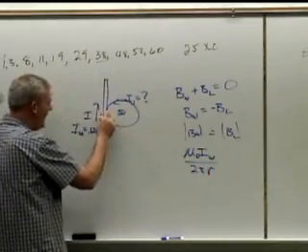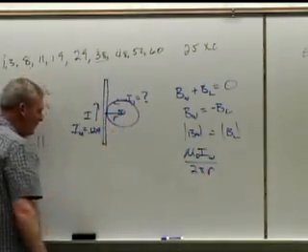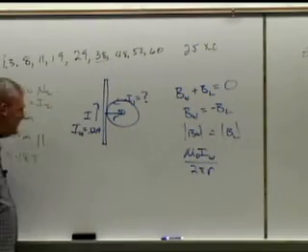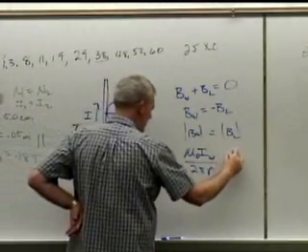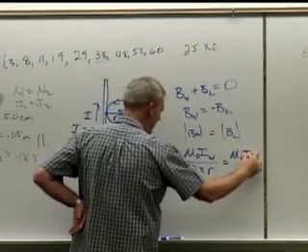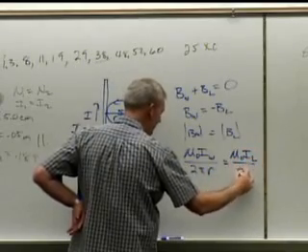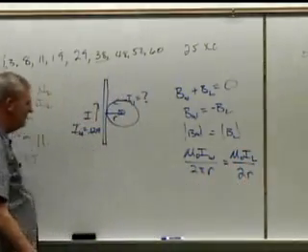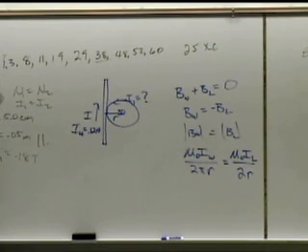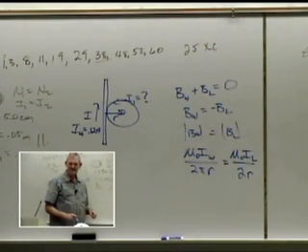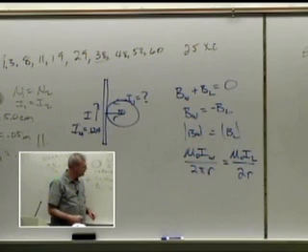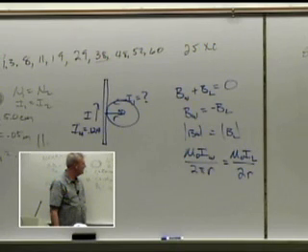And this r is the same for both the wire and the loop. Equals mu naught I of the loop divided by just 2r. A lot of stuff cancels there. What you got to figure out is I of the loop.